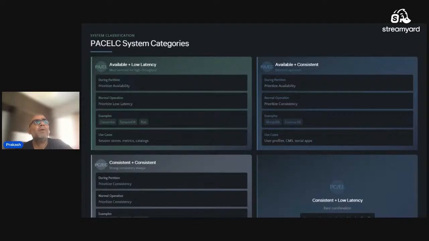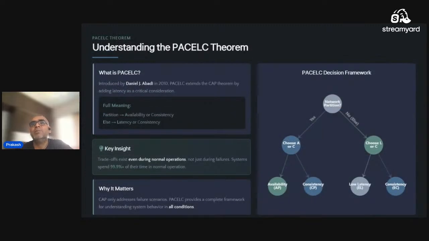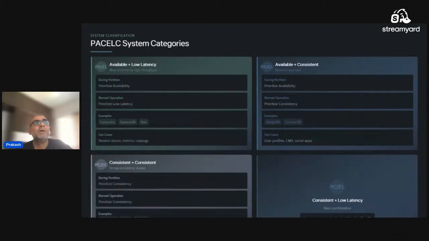Now let's talk about different strategies or categories. We talked about availability and low latency. I think the most common for high throughput is when we have low latency and availability at the same time. Here you've got four different options, right? You've got CA, and you have L and C on the other side, so you have more choices.